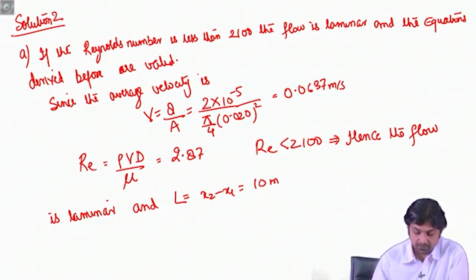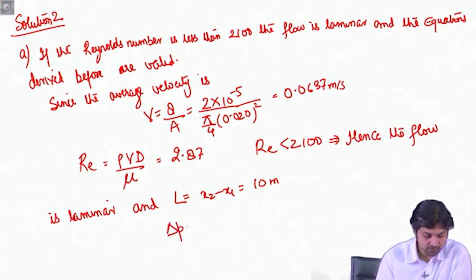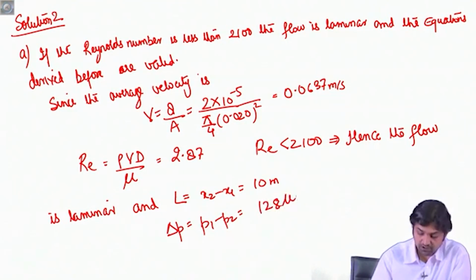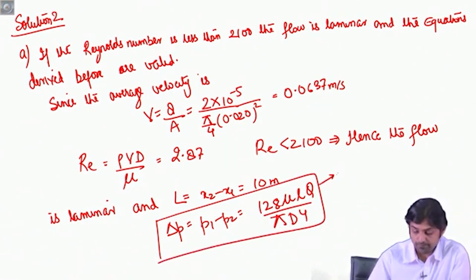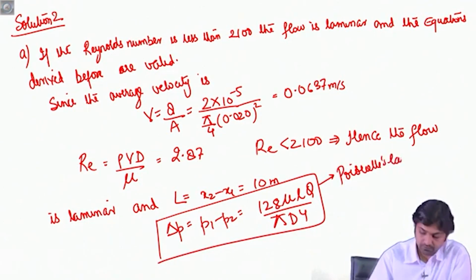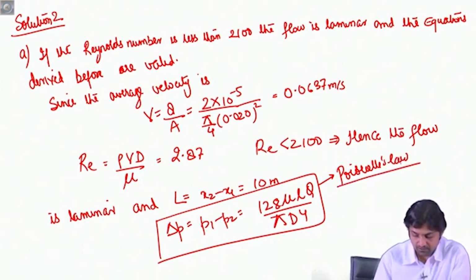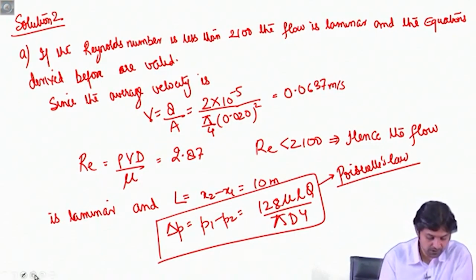Yes, it was laminar, and the pressure drop was P1 minus P2 is equal to 128 using the Poiseuille's law. So we are now going to substitute that.